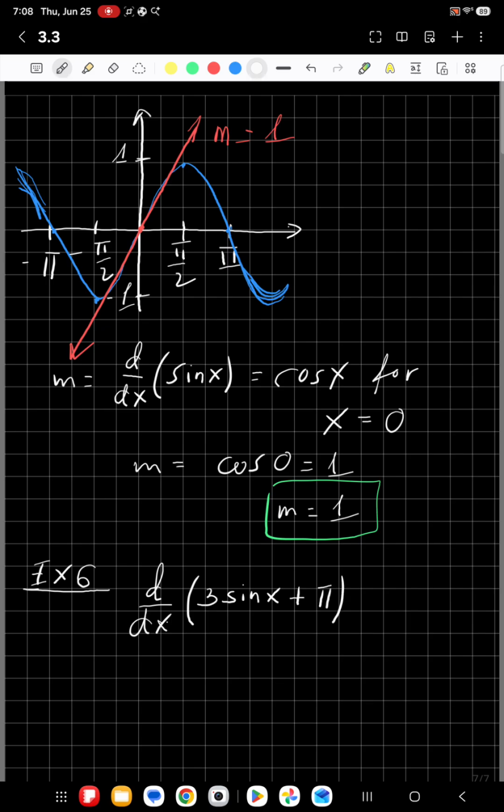So this is a sum, so calculating the derivative is pretty simple. We basically calculate the derivative of those two terms separately. The derivative of the first one is just 3 cosine x, and pi is a constant, so it's 0. So that is the answer.